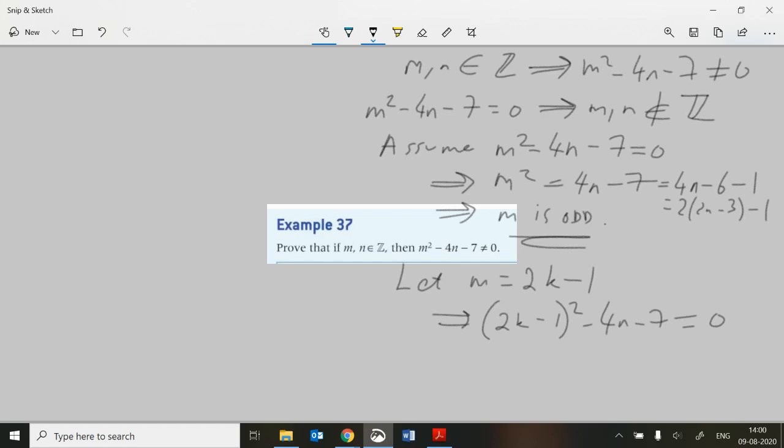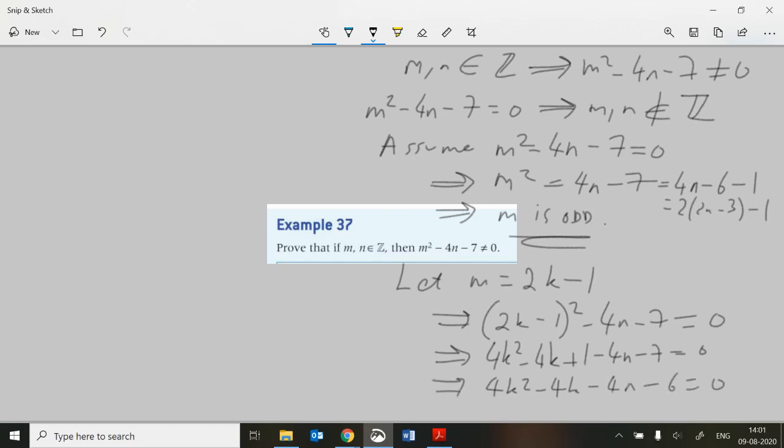If we multiply this thing out, we're going to get 4k squared minus 4k plus 1 minus 4n minus 7 is 0. And then now we've got 4k squared minus 4k, just simplifying, not doing anything clever here.